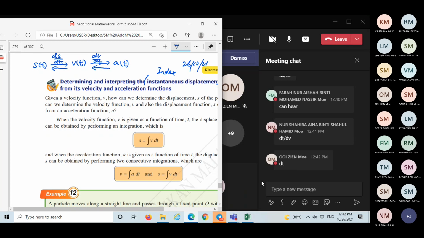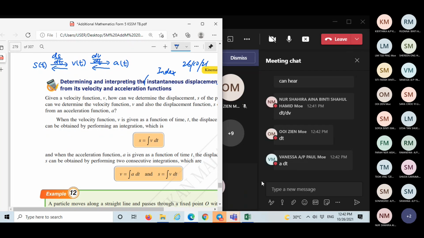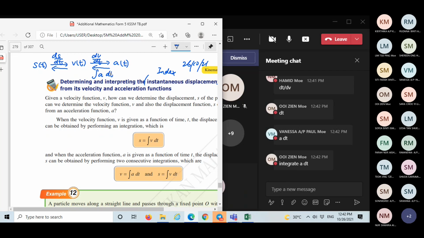What you have learned in the previous lesson. Integrate A dt, thank you Vanessa, thank you Vivian. Integrate A with respect to t, then you get back to v.